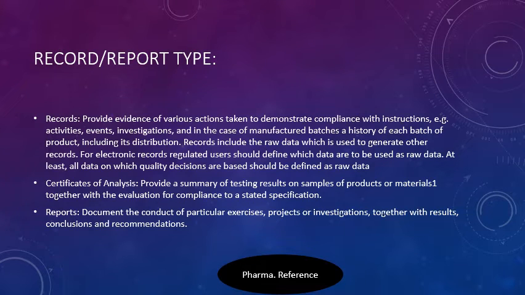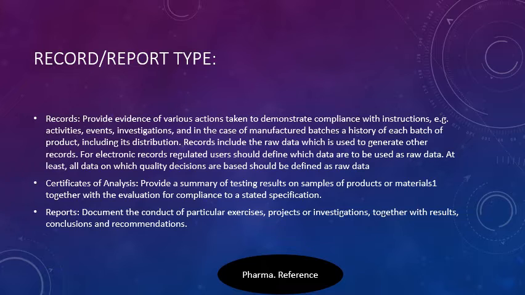Record type. Records provide evidence of various actions taken to demonstrate compliance with instructions, e.g., activities, events, investigations, and in the case of manufactured batches, a history of each batch of product, including its distribution.